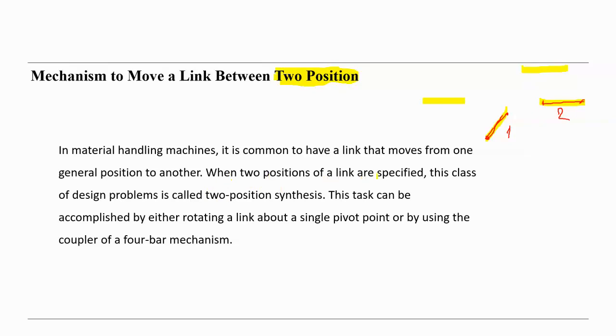When two positions of a link are specified, this class of design problems is called two-position synthesis. This task can be accomplished either by rotating a link about a single pivot point, or by using the coupler of a 4-bar mechanism.